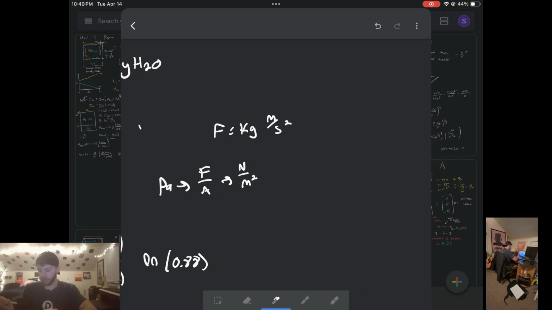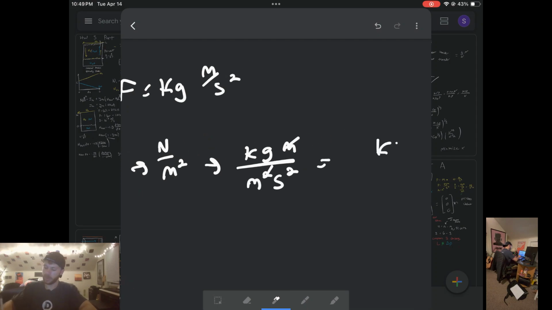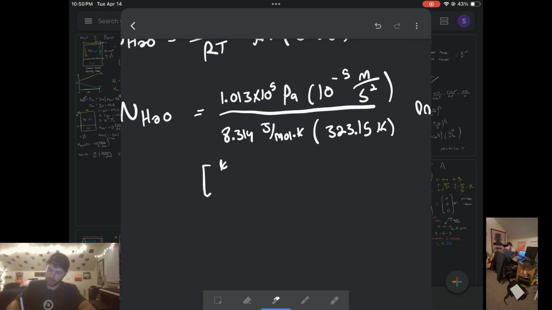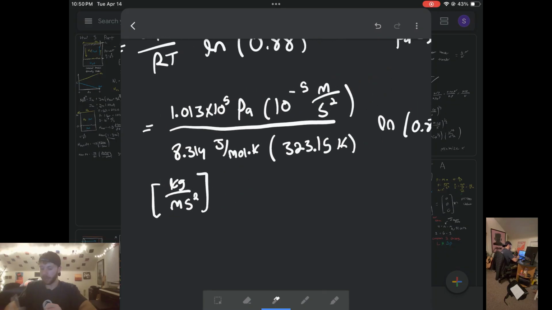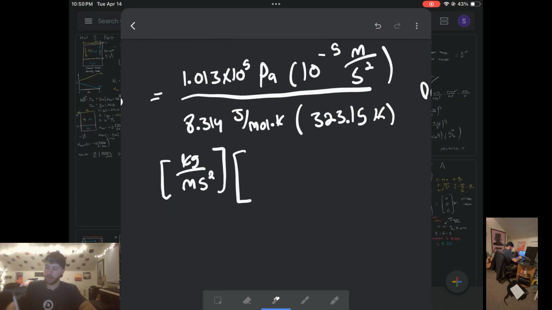So this will simplify down to kilogram meter per meter squared second squared. Cancel those, we'll be left with kilograms per meter second squared. So that'll be our first units. Our diffusion coefficient will just be meters squared per second.